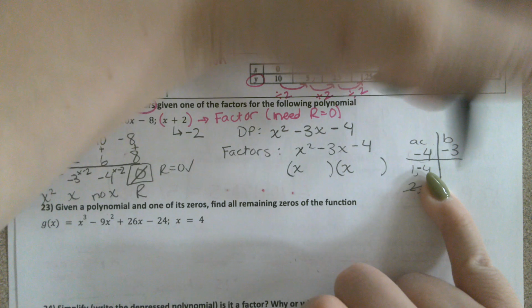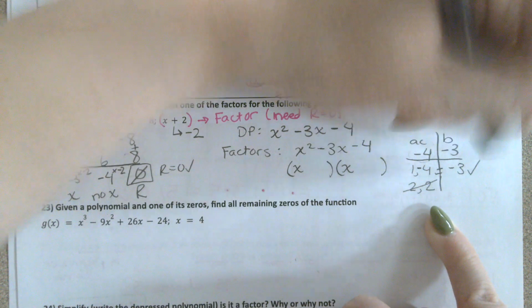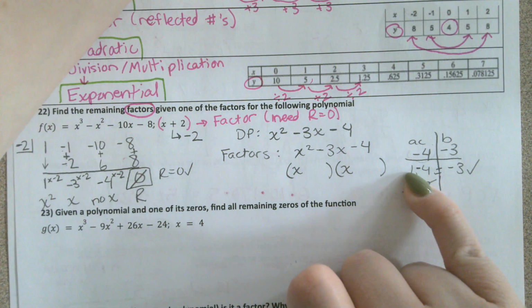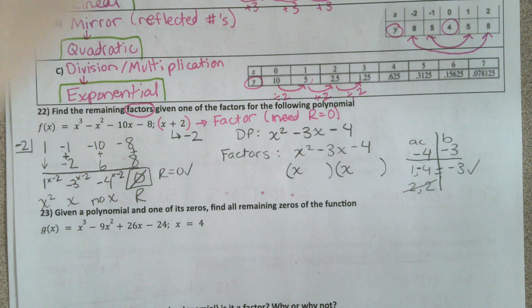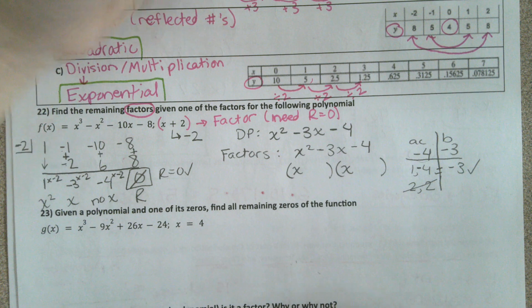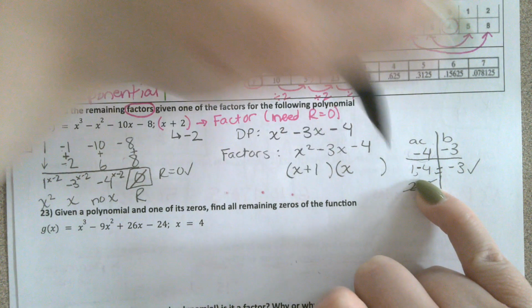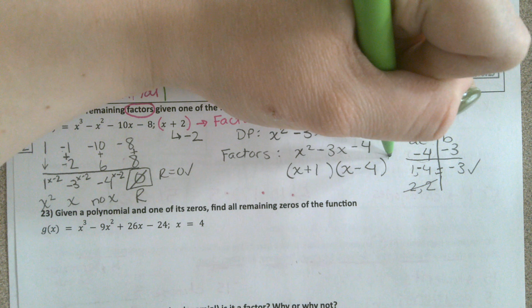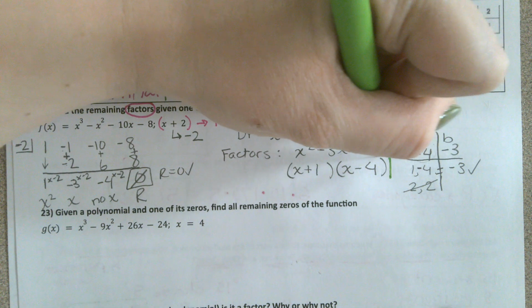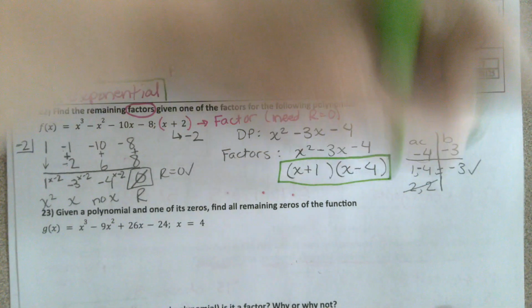Because 1 minus 4 is -3. If I put the negative on the 1, I'm going to get a +3. Because 4 minus 1 is +3. I want -3. So it's x plus 1 and x minus 4. And I'm done. That's what it asked for. It said find the remaining factors. Yep, so I'm done. There you go.